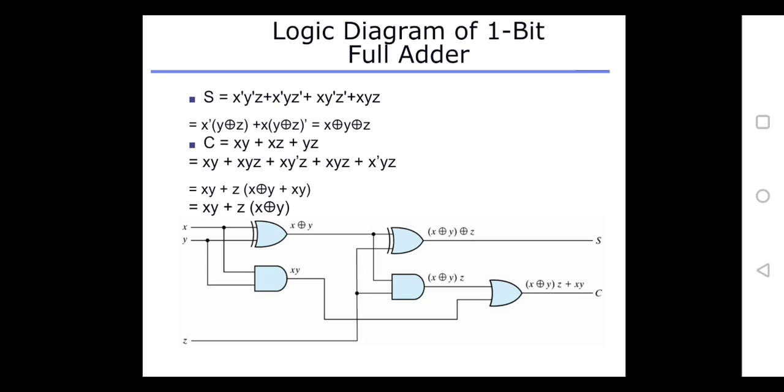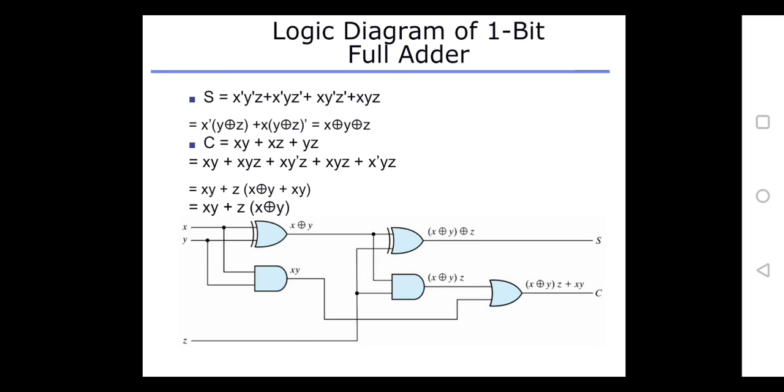This circuit is designing a full adder circuit by using half adder circuits. We have seen that a half adder circuit consists of an XOR gate for sum and an AND gate for carry. The same XOR gate is propagated with the third input so that you get the sum for the full adder circuit.